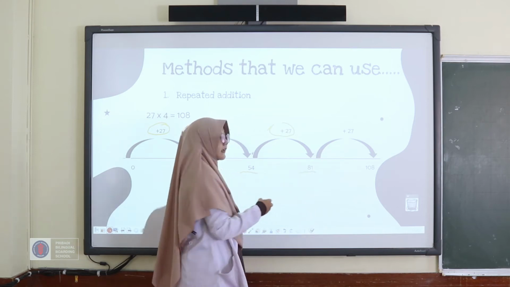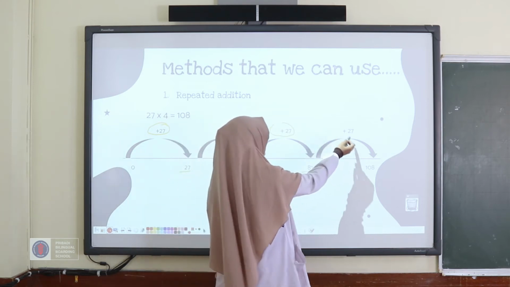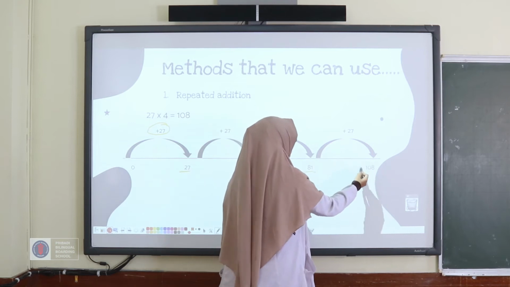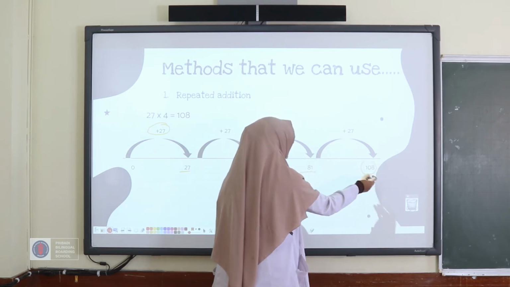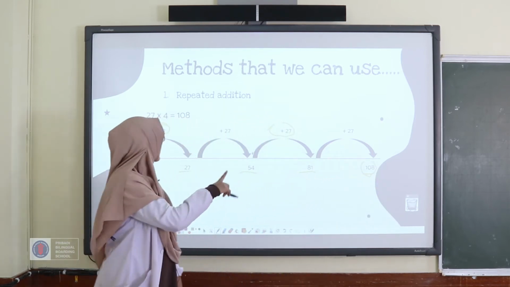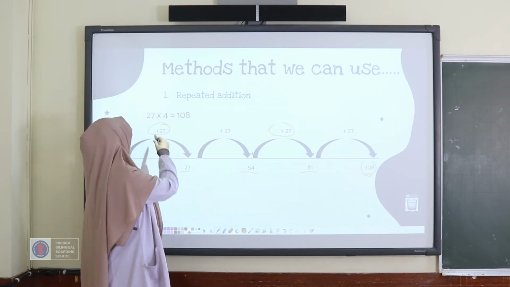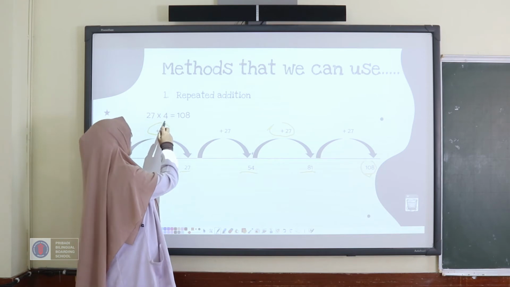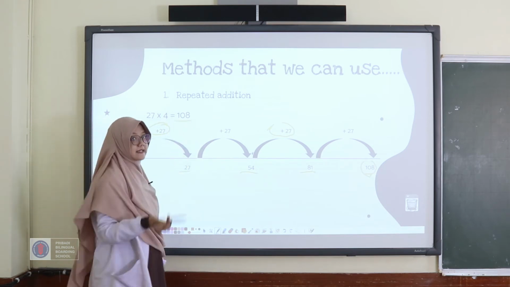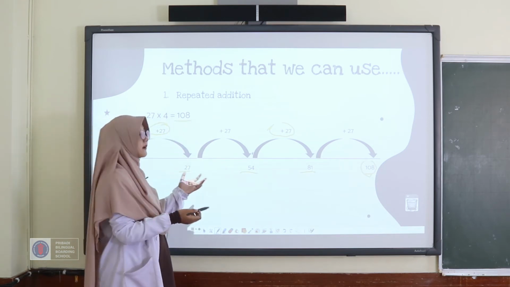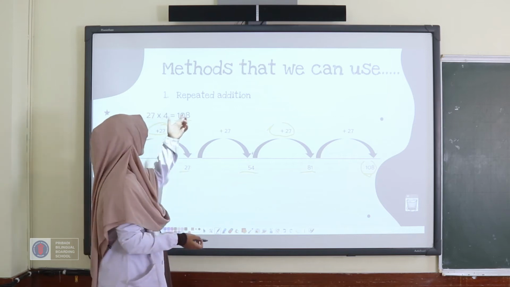And another jump of 27 again, and this is our result. So when I have 27 times 4, the result will be like this. This is one method that you can use, which is repeated addition.